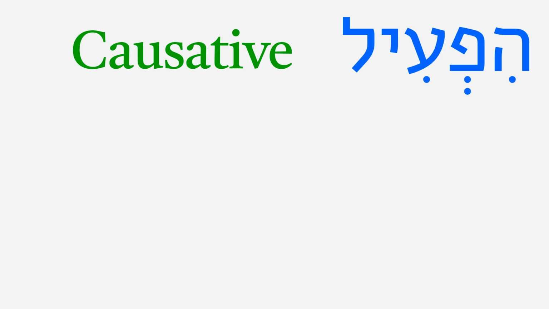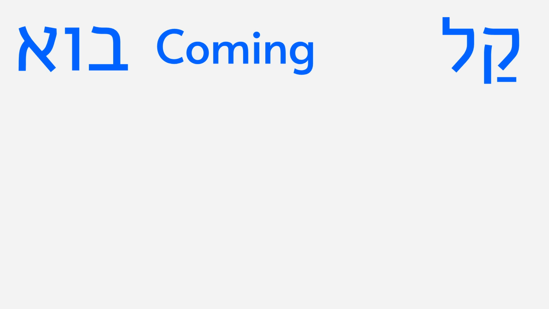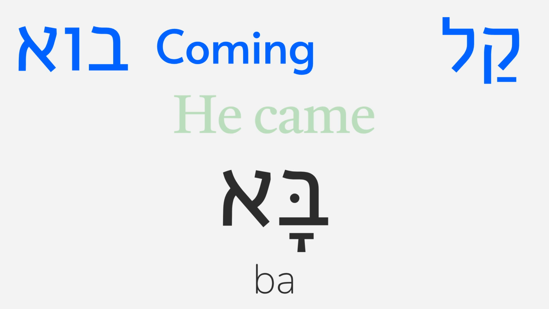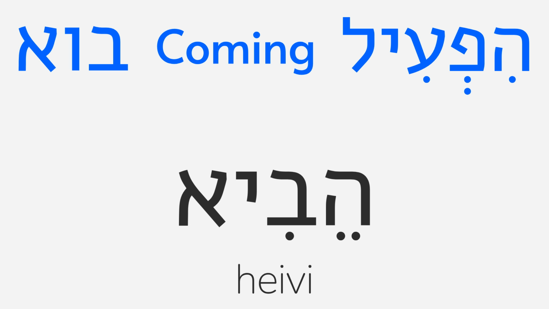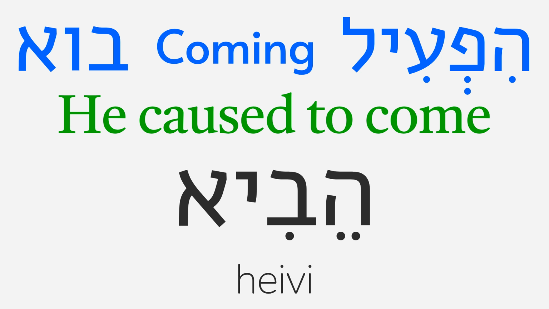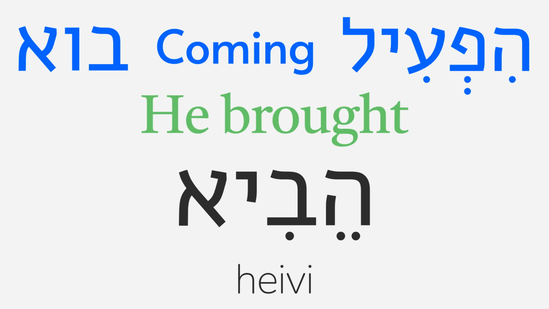The hif'il binyan is also a binyan that has a causative meaning, even more so than the pi'el. The root beit vav aleph has a meaning of coming in the kal, as in the verb ba, he came. If this root is put in the hif'il, hevi, the resulting verb has a causative meaning. He caused to come. That is, he brought.